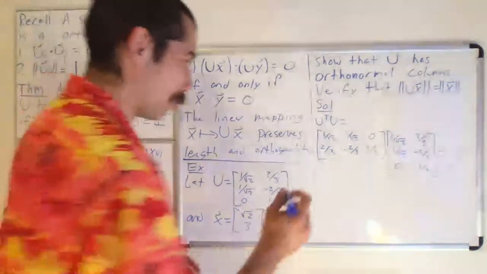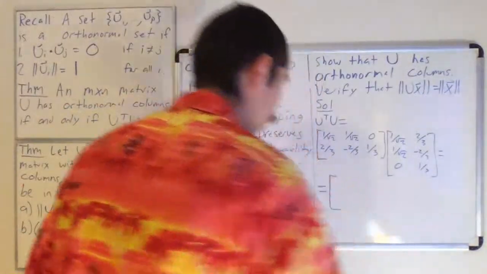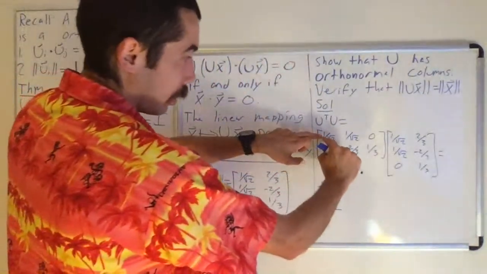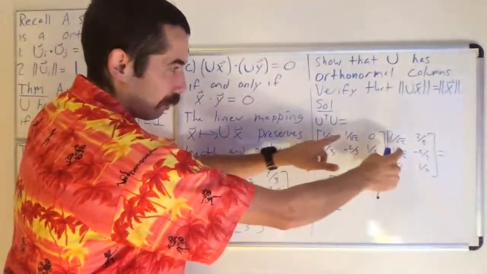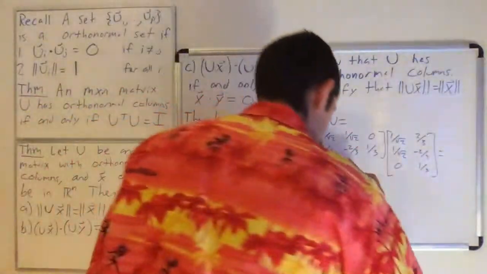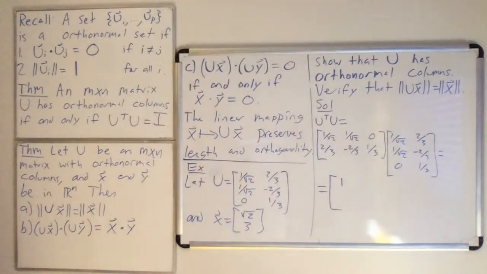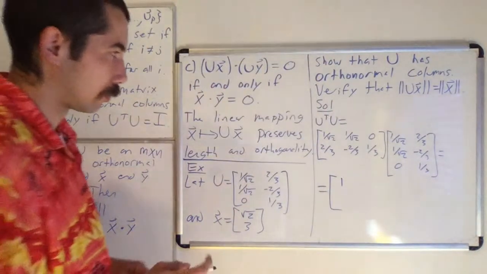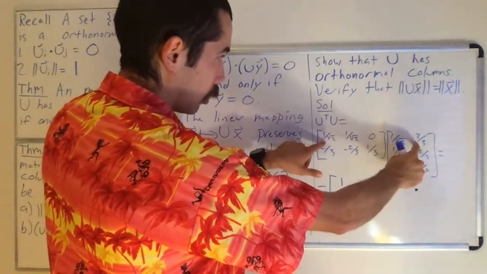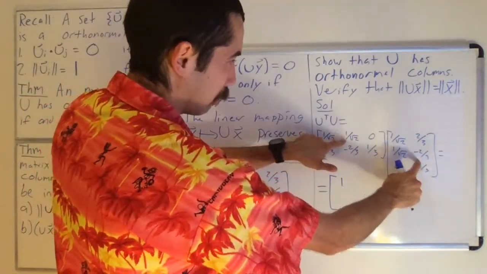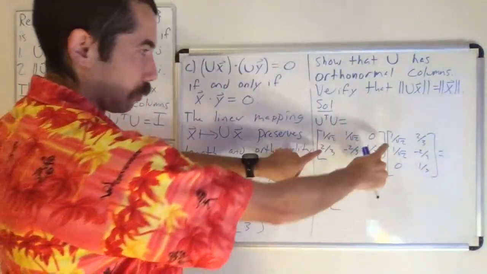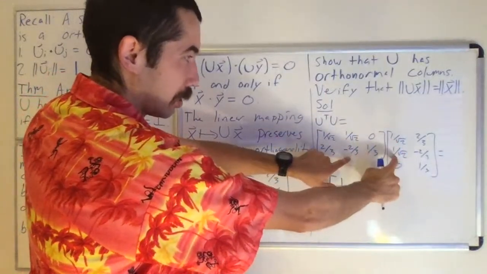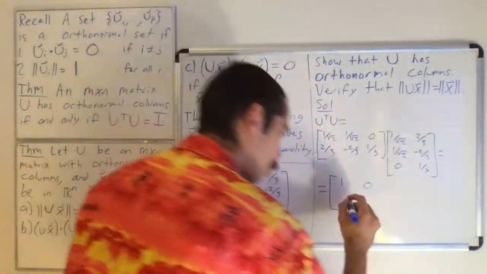And now we're going to do this matrix multiplication. Top row times the first column would be 1/2 plus 1/2 plus 0, which is 1. Two over 3 root 2 minus 2 over 3 root 2 plus 0 is 0. 2 over 3 root 2 minus 2 over 3 root 2 plus 0 is 0.